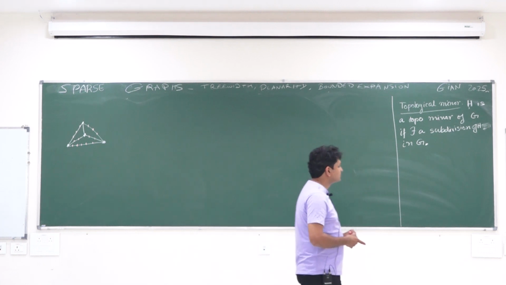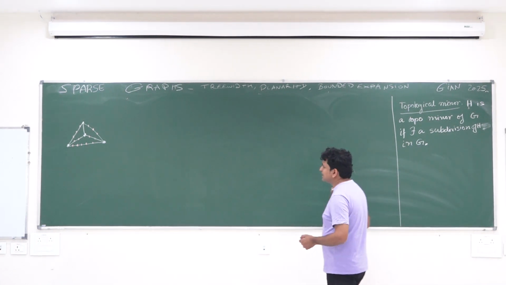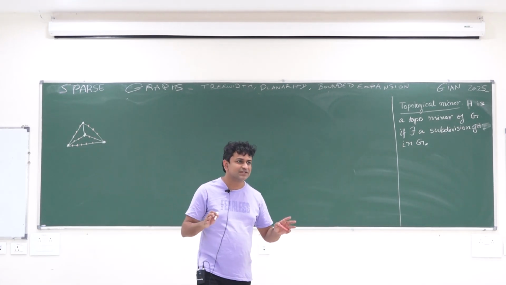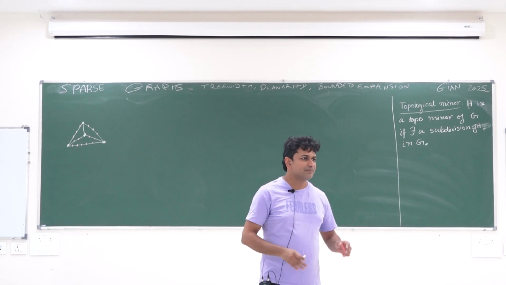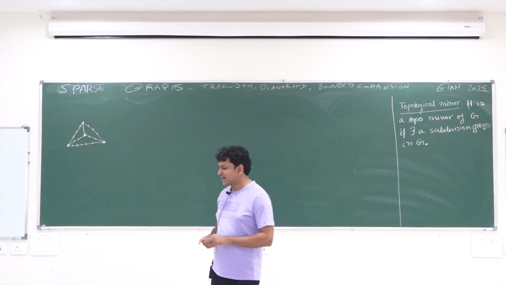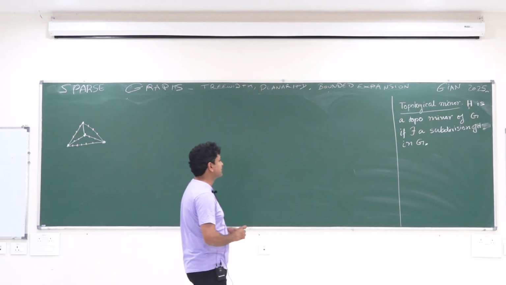Okay, so this is what topological minor means. The easy way of seeing it is, if you forget about all the degree 2 vertices and look at your graph, does it look like H? Of course, if H has degree 2 vertices, then you should not forget all the degree 2 vertices.